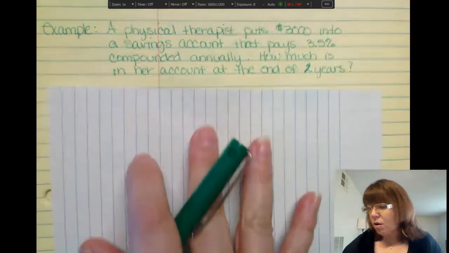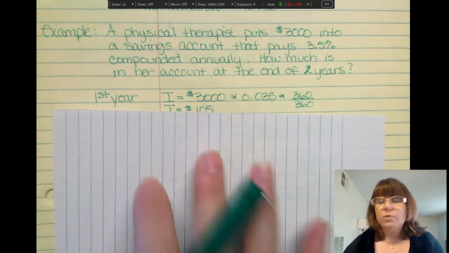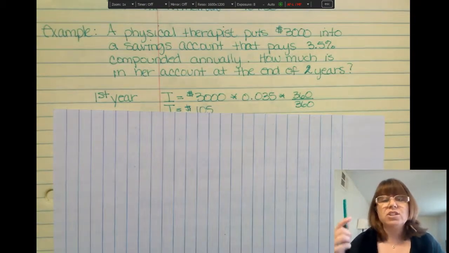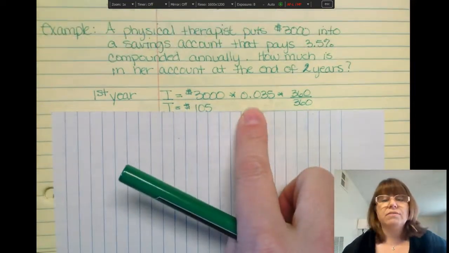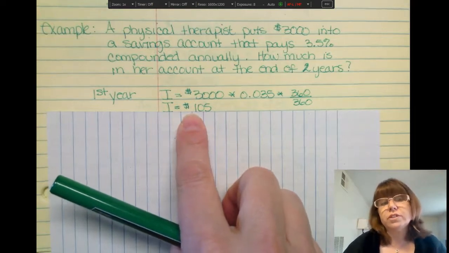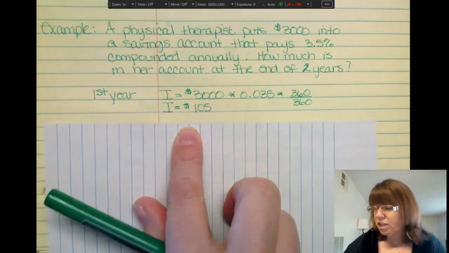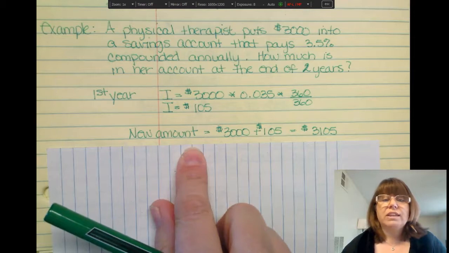So we have to figure out what is the interest in the first year. Now, the 360 over 360 is just a 1, so we could leave it off. But it's 3,000 times 0.035. And she receives $105 for the first year of interest. So at the end of the first year, she has $3,105 in the account now.